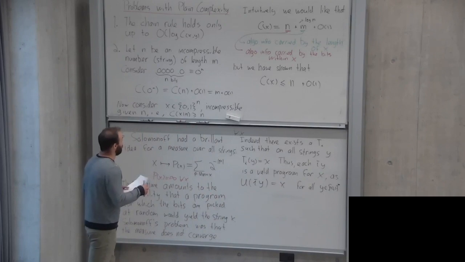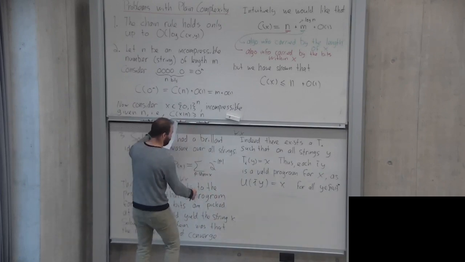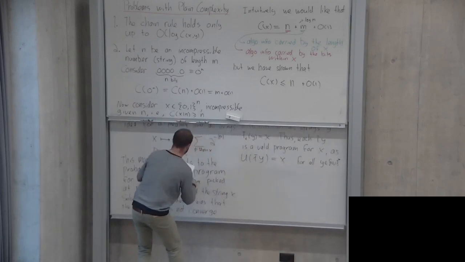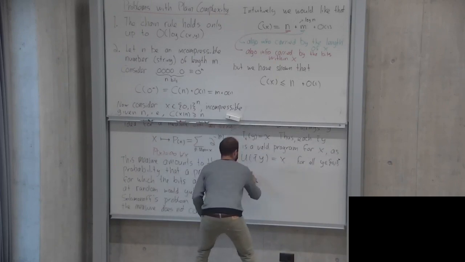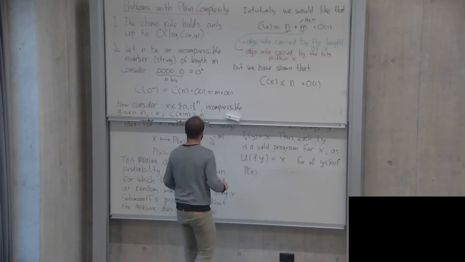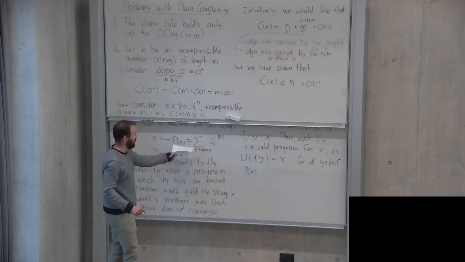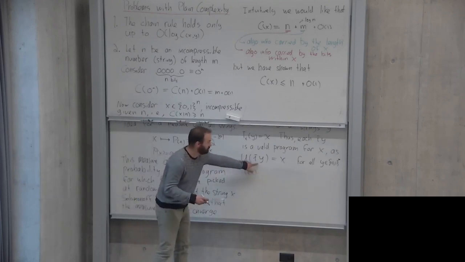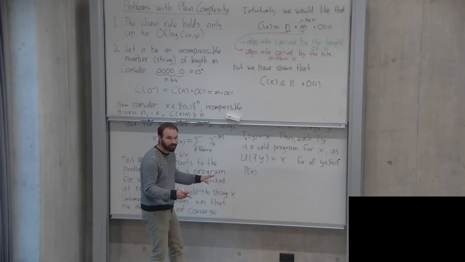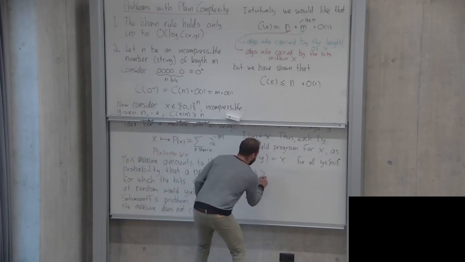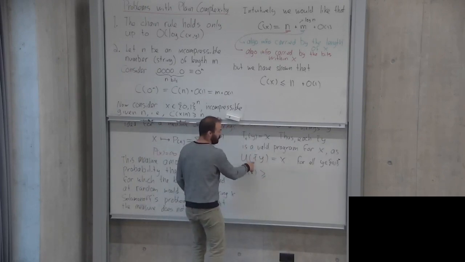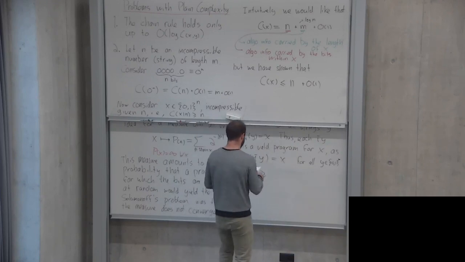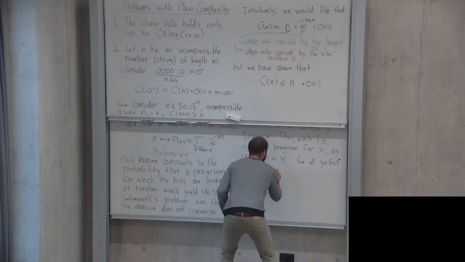So now let's look at what it does for this sum. P of x is the sum over all programs that compute x. But I'm going to ignore almost all of them, and I'm just going to focus on those. So I am lower bounding P of x, right? Because I'm going to sum over only those programs. And those programs are labeled by y.